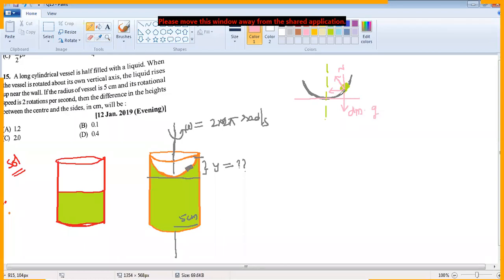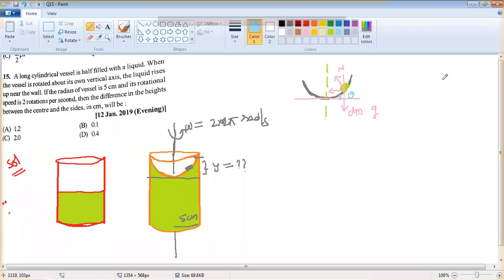Now this is theta. Just imagine the case here, this is the shape.